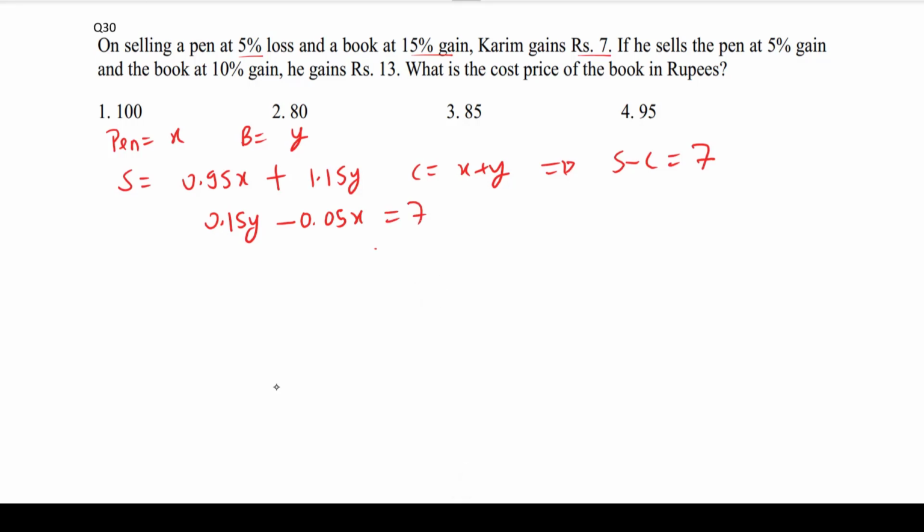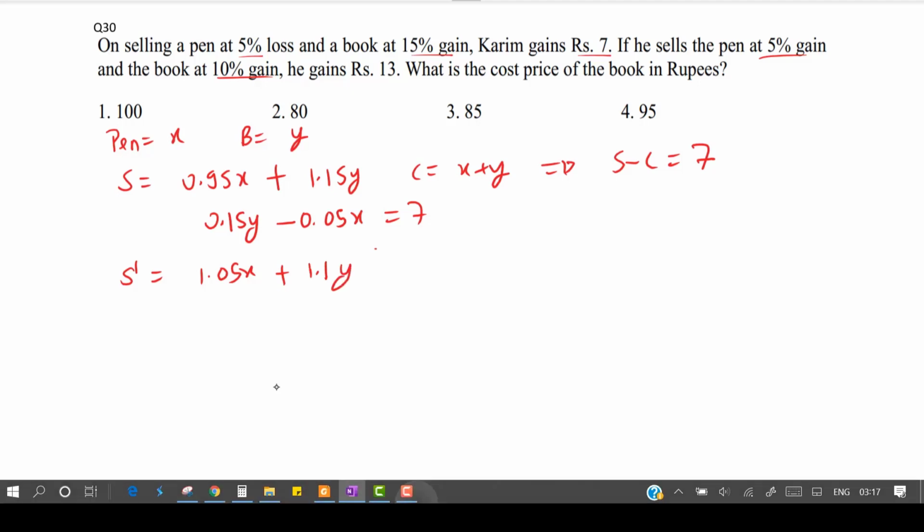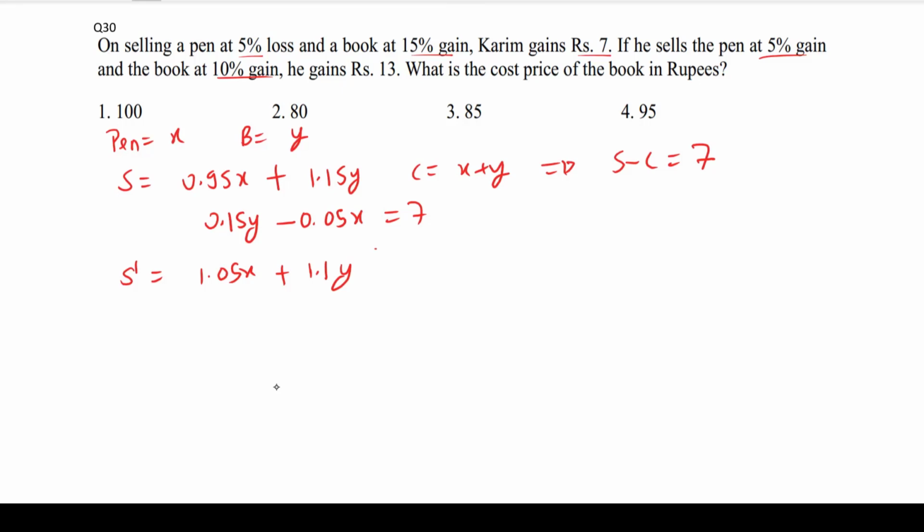For the second case, if he sells the pen at 5% gain and the book at 10% gain, he gains 13. This means s minus c equals 13, that is 0.05x plus 0.1y equals 13.